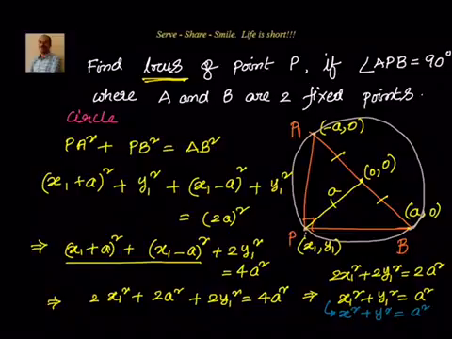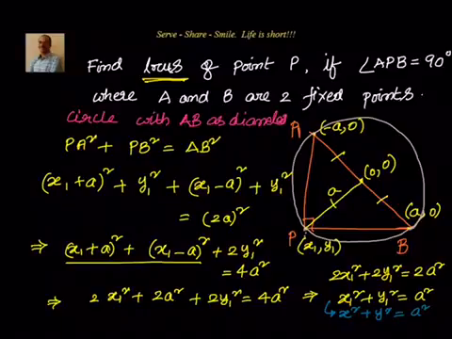The chord which passes through the center is a diameter. So the circle with AB as diameter. So that's the locus of point P.